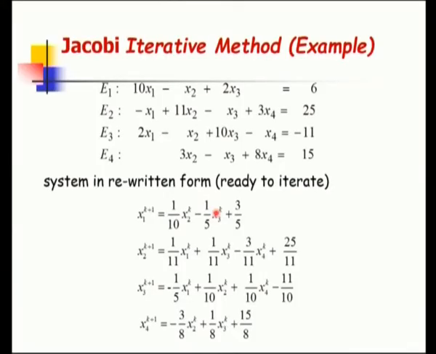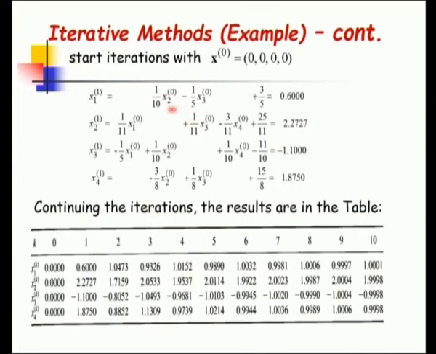For example, when k equal to 0 in the previous case, I compute the first iterate, and this is precisely the first iterate. The initial guess taken is 0 0 0 0. You can choose the initial vector as 0 0 0 0 or 1 1 1 1. The theory says that the convergence happens for any initial choice.